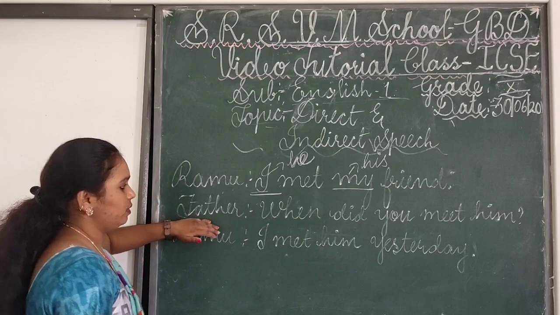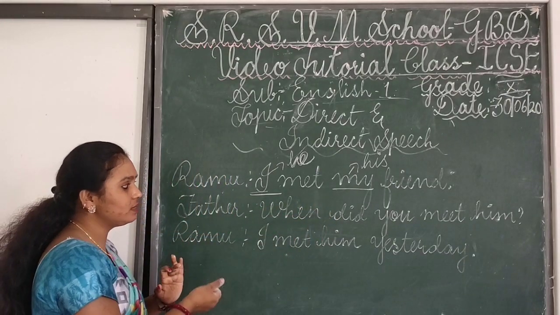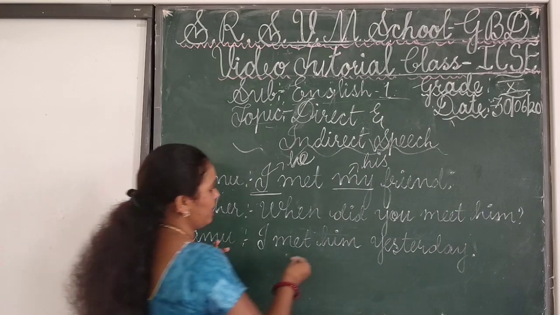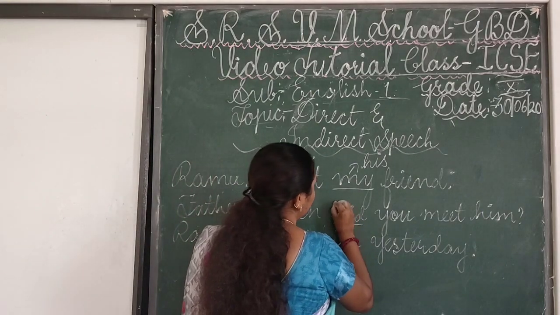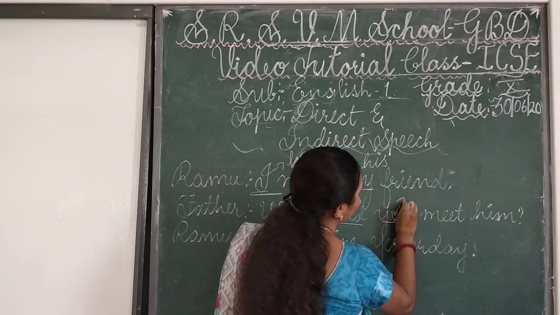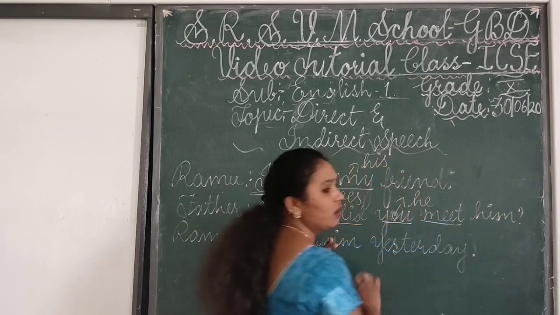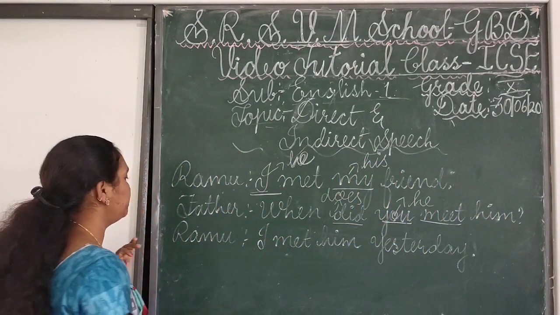Okay. Father: When did you meet him? The father asked when he met him. Instead of "you" you should use "he". The father asked when he met him.